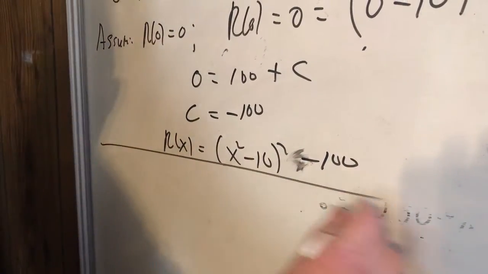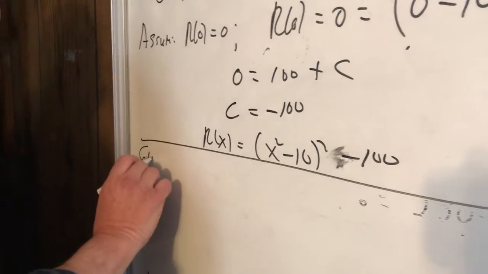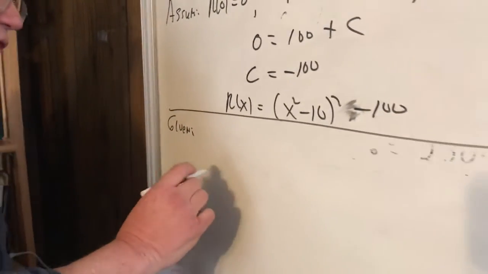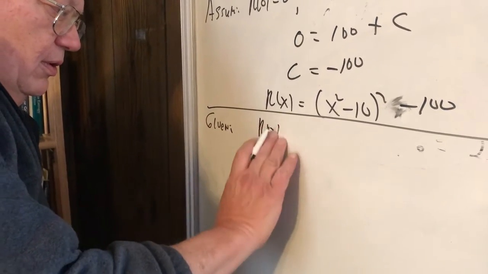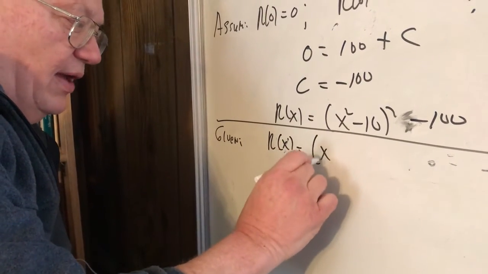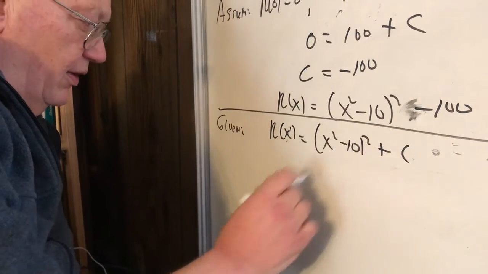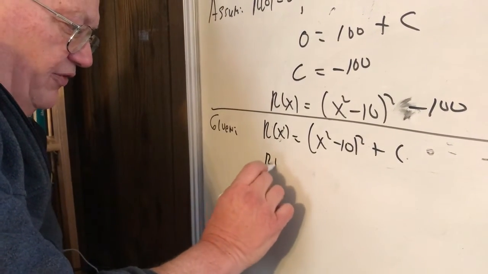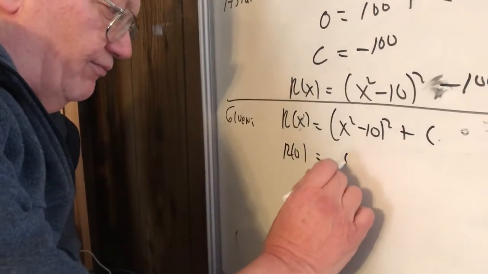And let's give another example. Suppose I'm given for this function, R of x equals (x squared minus 10) squared plus C. Suppose I'm given that R at 0 equals 500.